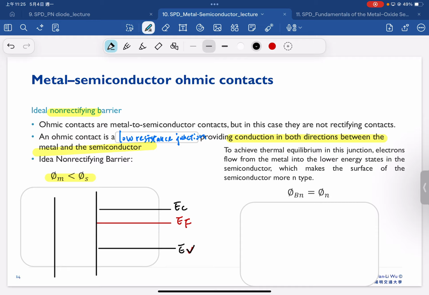And then this is N-type. So still we have the phi s, and also the electron affinity.